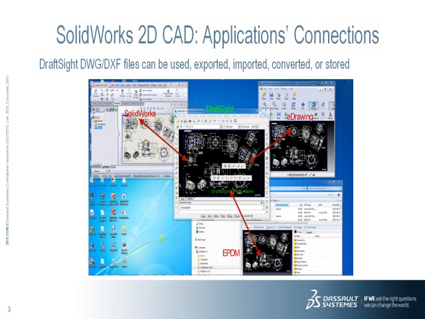At the bottom you can see the EPDM product, which is primarily used to manage files, drawings of DraftSight and other products, and that can be used internally from DraftSight. In this example, using an add-in, which is part of our discussion today.